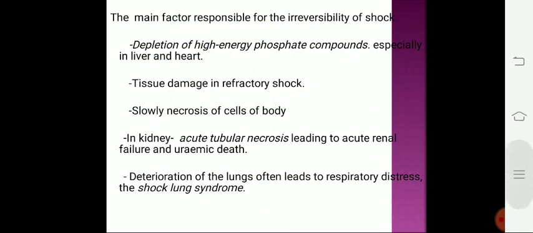The main factor responsible for the irreversibility of the shock is the depletion of high energy phosphate compounds, especially in the liver and the heart, which are greatly diminished in severe degrees of shock. The adenosine triphosphate is degraded in the cell to adenosine diphosphate and adenosine monophosphate and finally to adenosine.